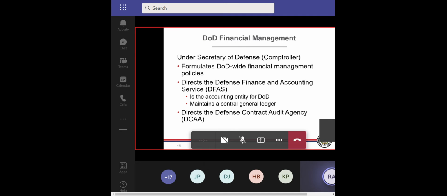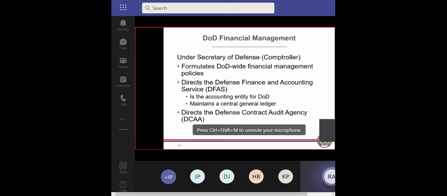And remember, I mentioned to you that the Treasury maintains the central general ledger for books government-wide. Well, in DoD, DFAS maintains the central general ledger for everything that goes on in DoD. Now, there's another organization that falls under the DoD Comptroller, and that's DCAA, the Defense Contract Audit Agency.